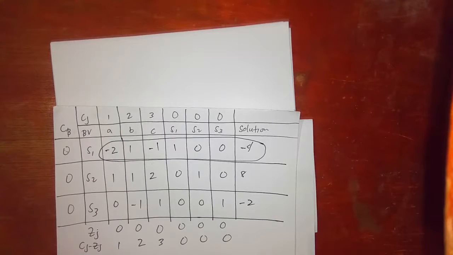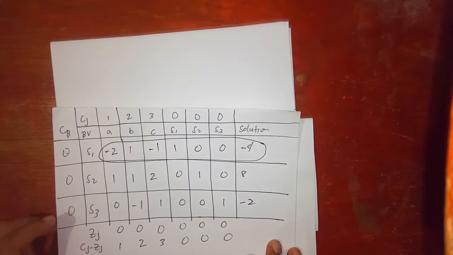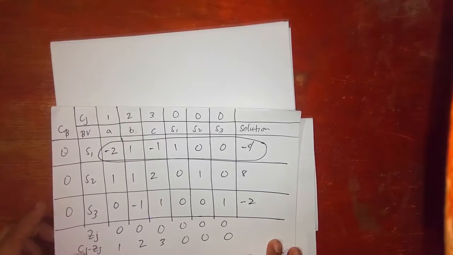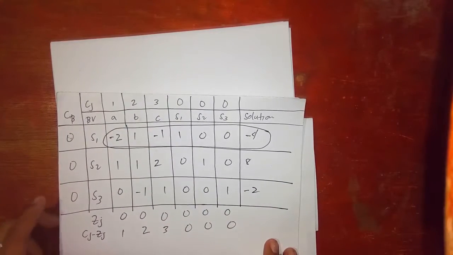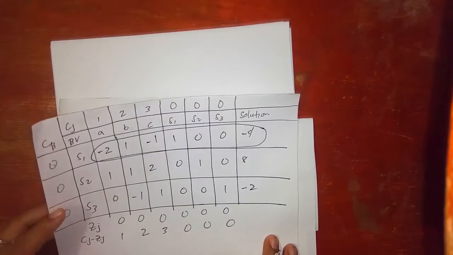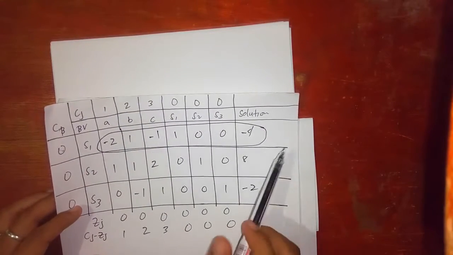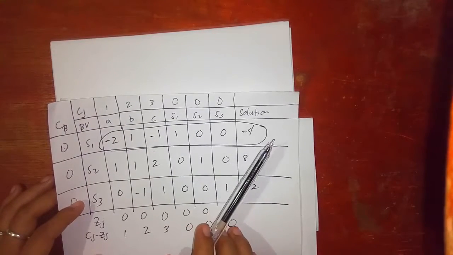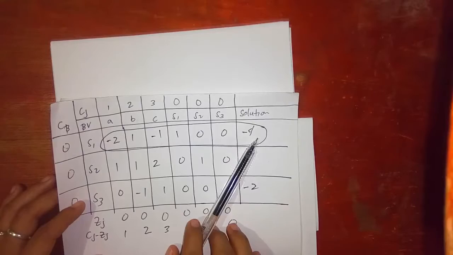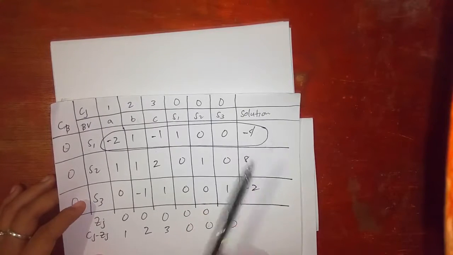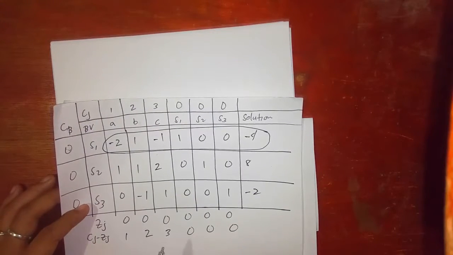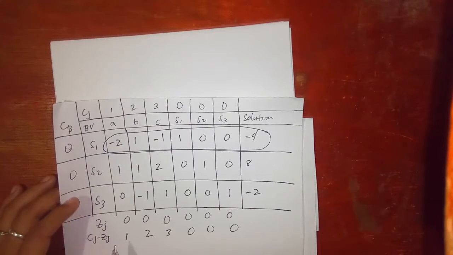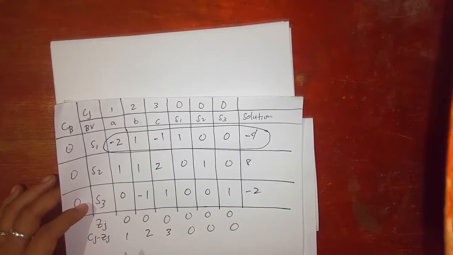Next, before that, since we are using duality, we already have the key row. This one is the key row. So how will we get the key column? First, we need to get the ratio of Cj minus Zj and S1.